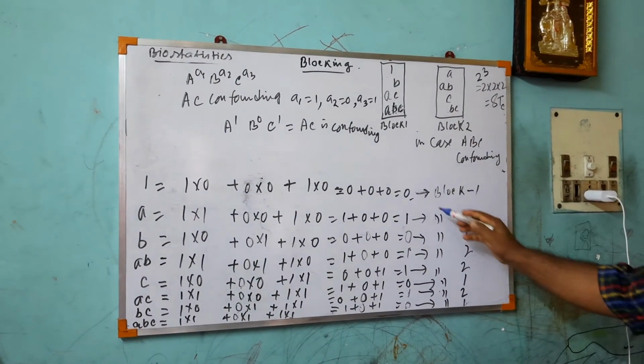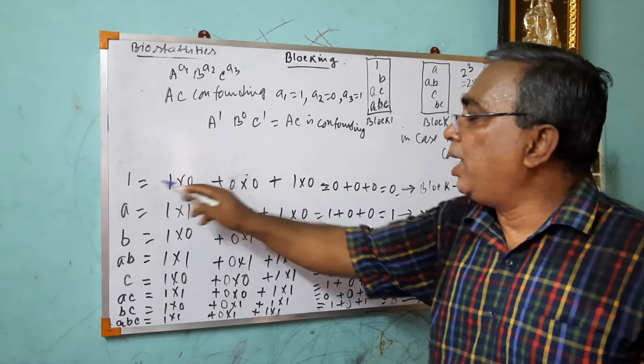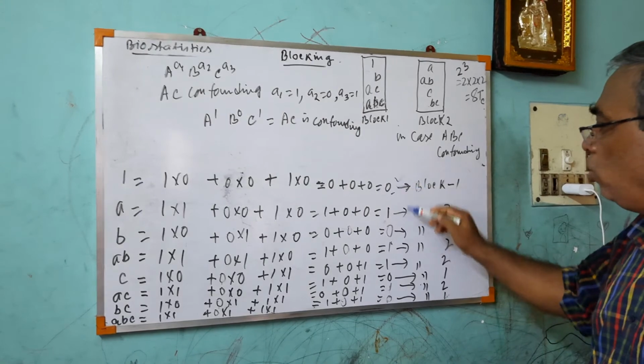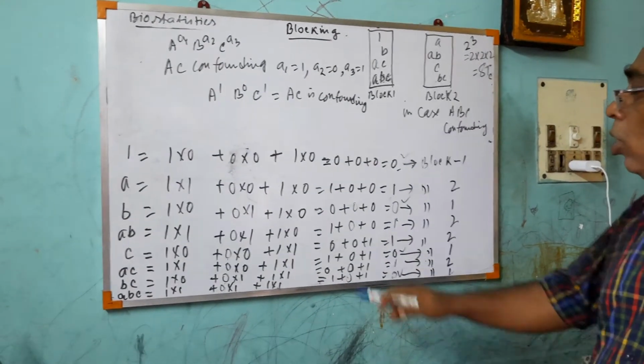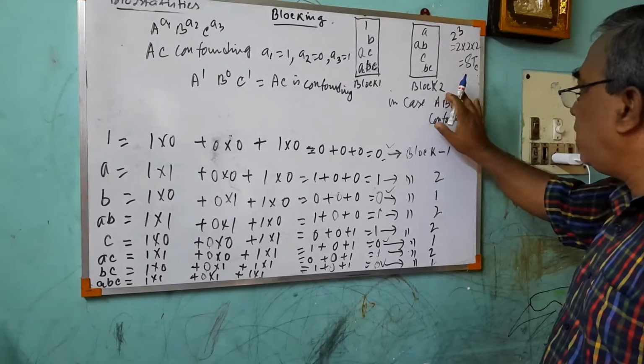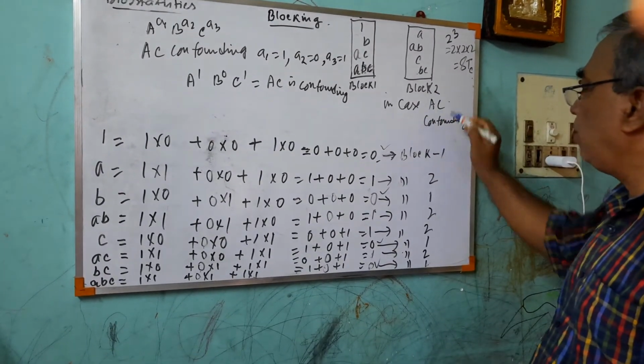This way, when it comes 0, I am assigning it to block 1. So here is 0, here is 0, here is 0 and here is 0. These all 4 go to block 1. In this case, AC is confounded.